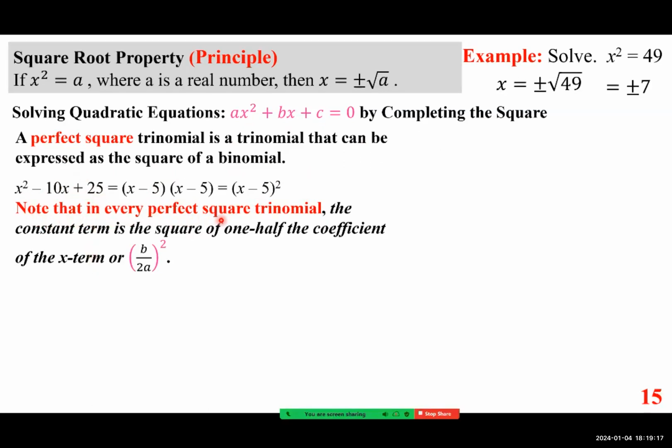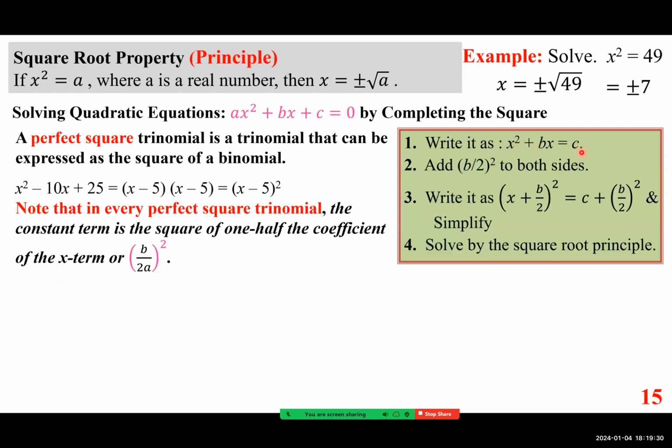In every perfect square trinomial, the constant term is the square of 1/2 of the coefficient of the x term, or (b over 2a) squared. Therefore, you add (b over 2) squared to both sides. This becomes (x plus b over 2) quantity squared, and you solve it.